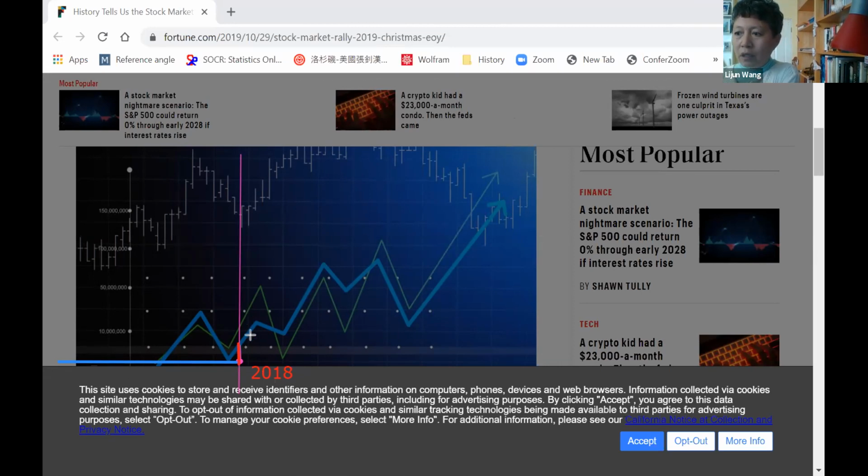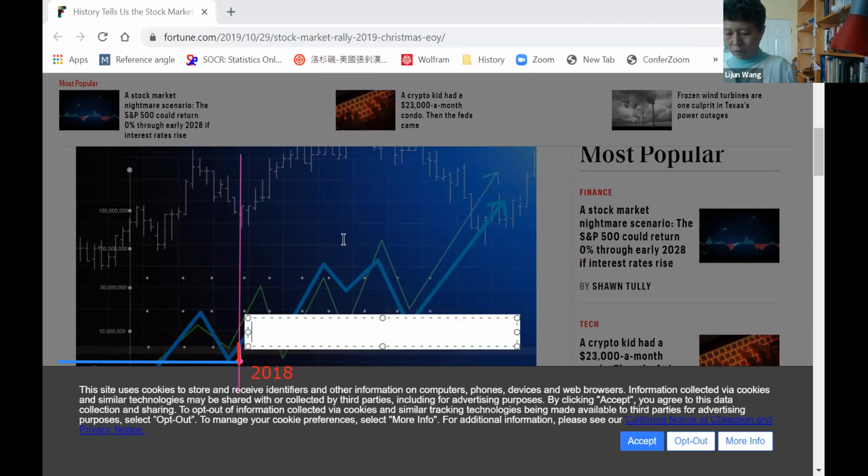Do you guys see this height has the same scale as these, right? If you try to see how high this is, it's probably half of 10 million. So if you mark this point, this point is 2018, comma, 5 million.